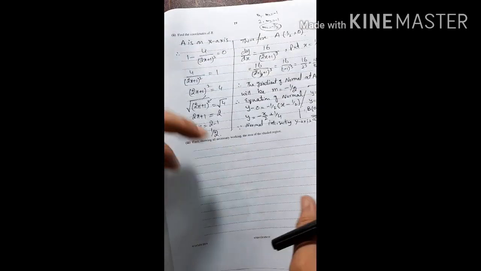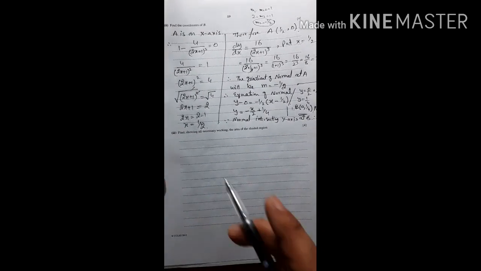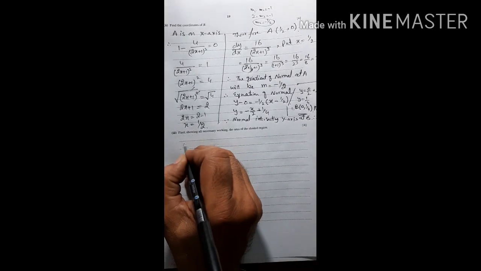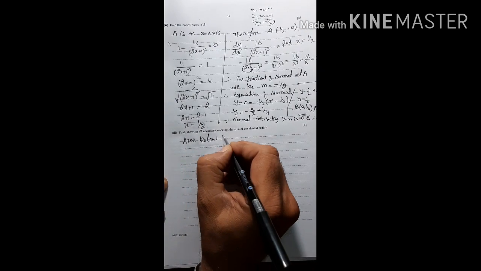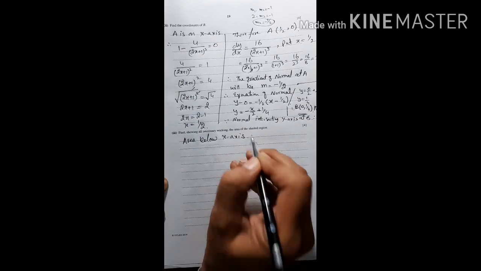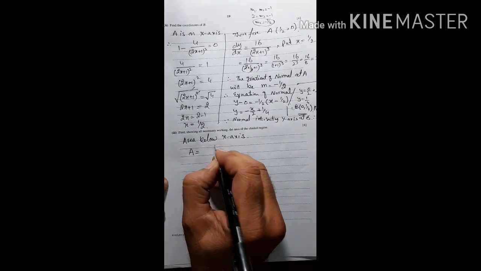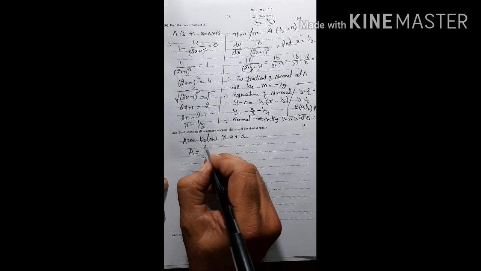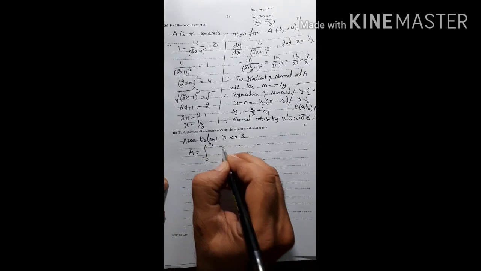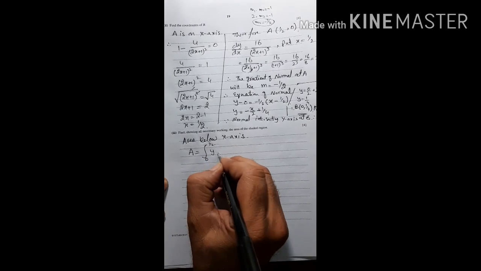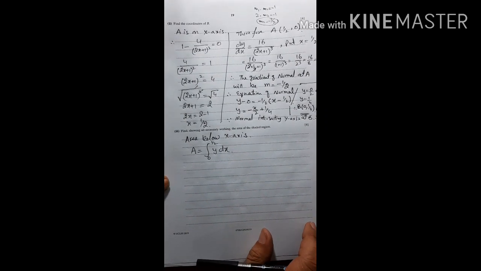So for this reason, the formula for the area below the x-axis is: area is equal to the integral from 0 to 1/2 of y dx, because these are the two boundary values which I explained earlier.